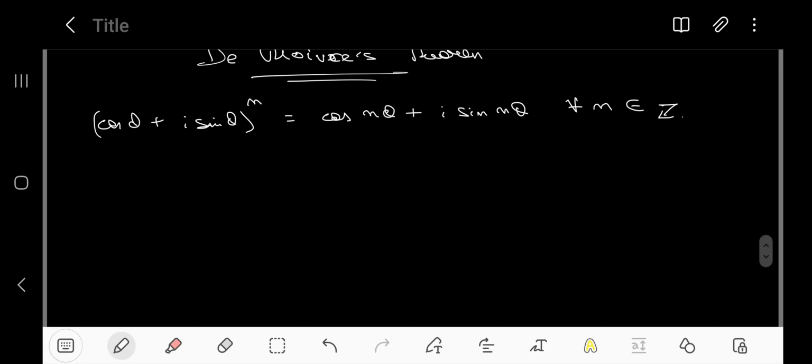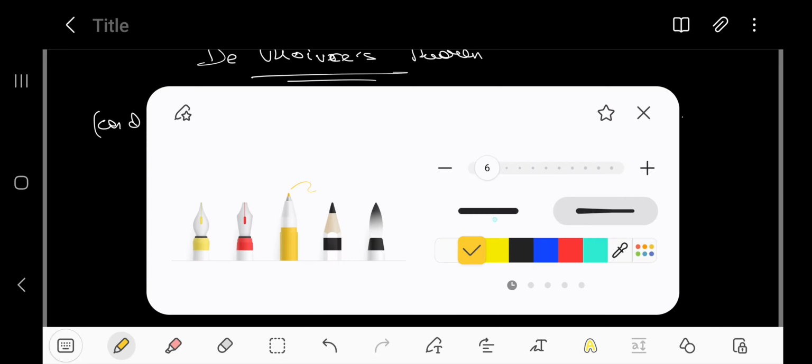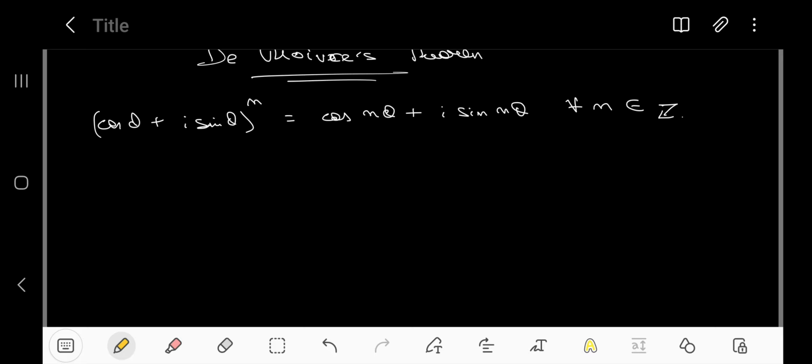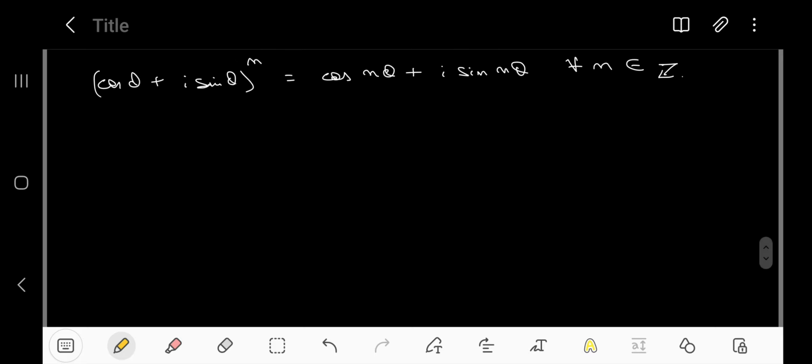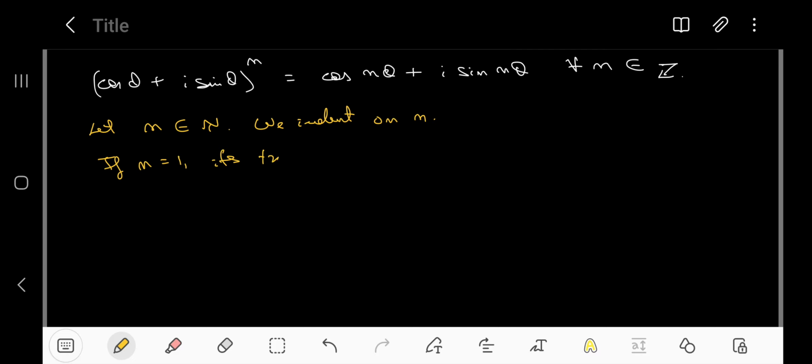Okay. So how do we prove this? We prove this using induction first, by just restricting n to the naturals. So let n be in the naturals, and we induct on n. So how do we do this? See, if n equals 1, the statement is trivial, right? So the base case is basically trivial.